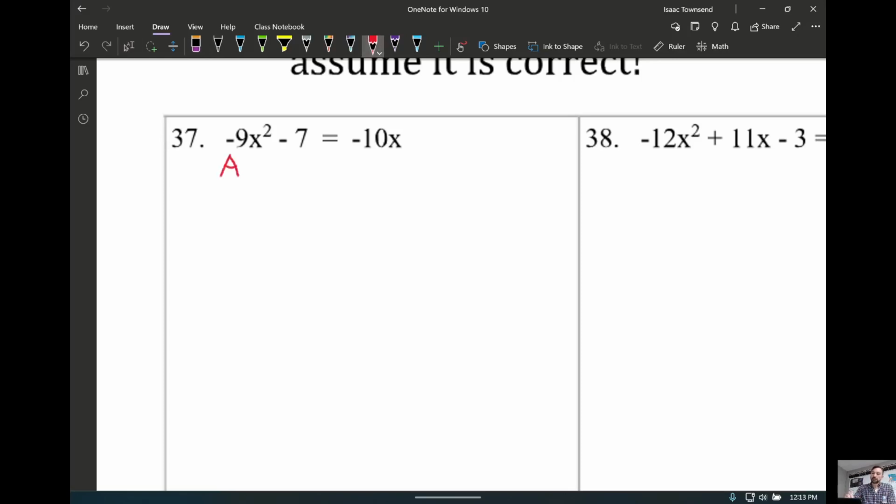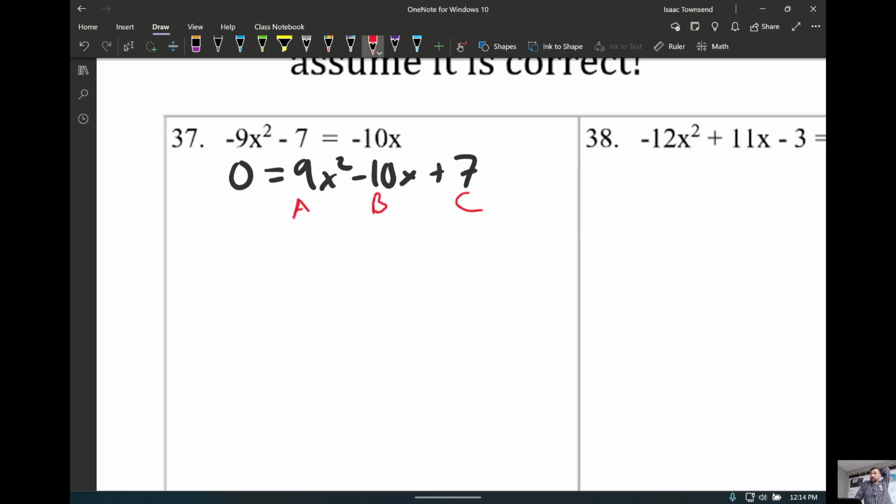You should not call this A, C, and B. A, B, and C can only be identified when everything is on one side set equal to 0. Add this one over, add this one over, or add that one over. It doesn't matter what side you go to, but before you say what A, B, and C is, you need everything on one side. That did not come up in the last 6 questions.